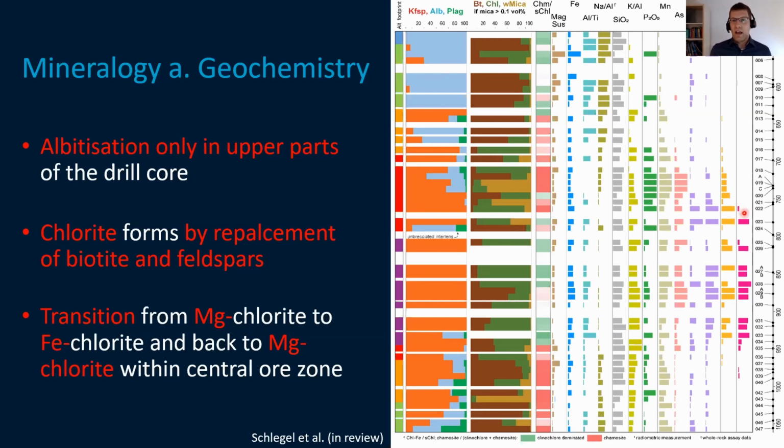And I repeat myself here, this extends over dozens to hundreds of meters beyond the limits of the ore body. This is really something one can measure with a handheld tool.